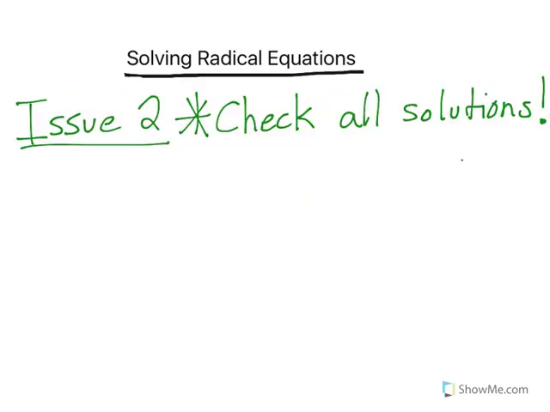Now, issue 2 is to check all of your solutions, because sometimes when you square both sides, something that was originally false can be true because you end up changing signs. Here's what I mean. Here's something that is false.